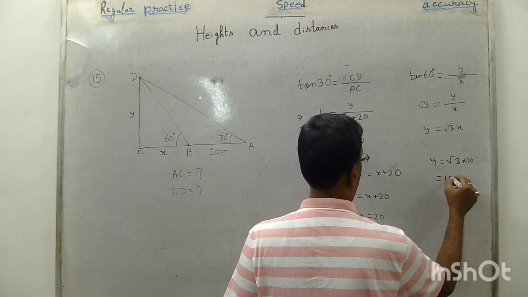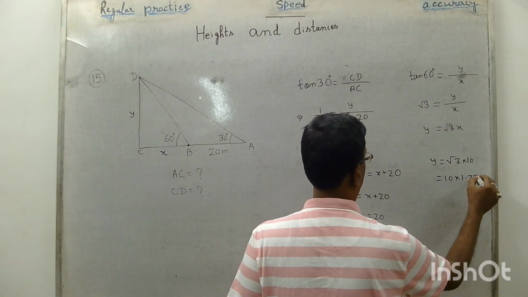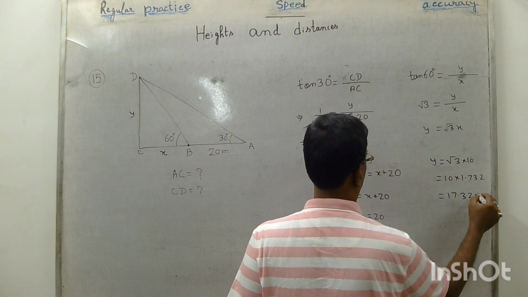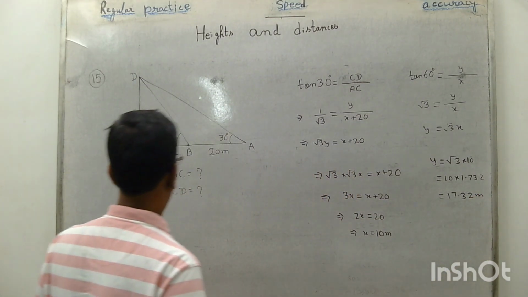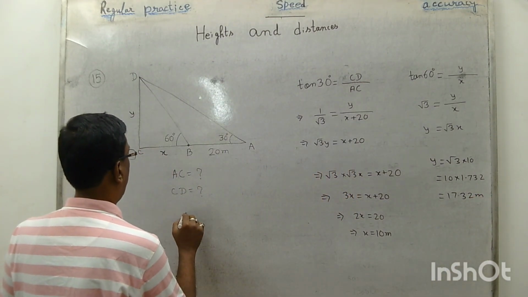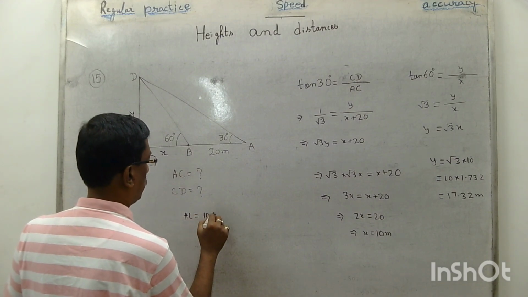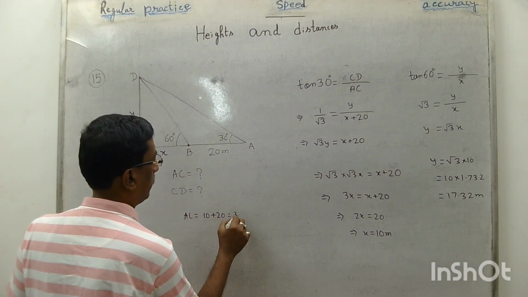That means 10 into 1.732. It is 17.32 meter. तो AC जो है, AC equals to 10 plus 20, which is 30 meter.